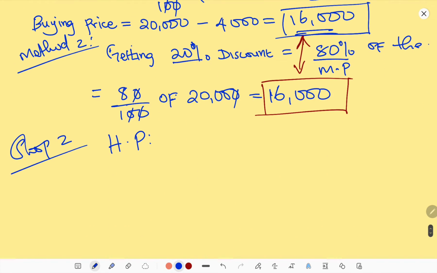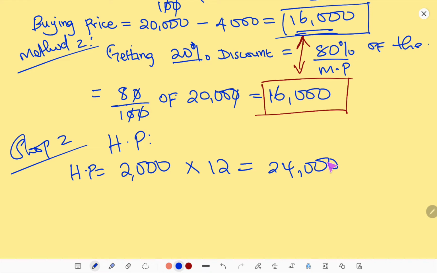So every month you are paying 2,000, and you are paying for 12 months. Therefore, the total price will be 24,000 shillings. This is the hire purchase price.